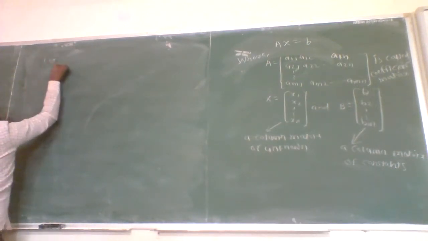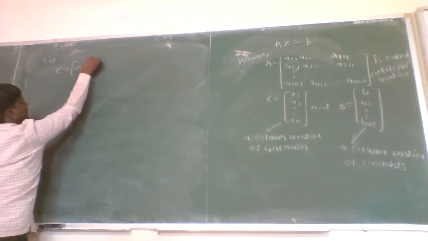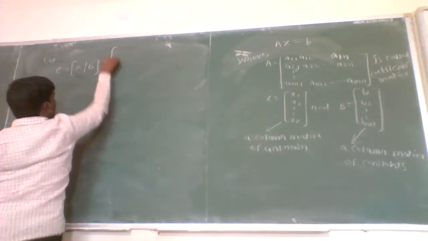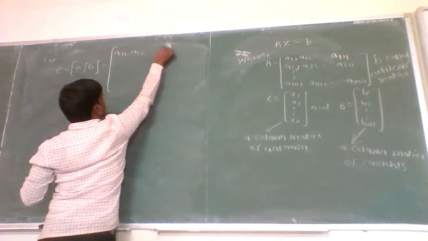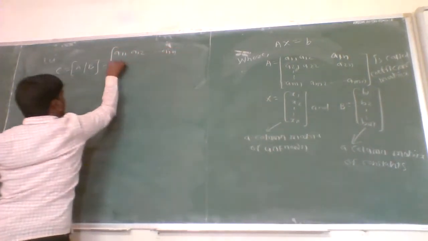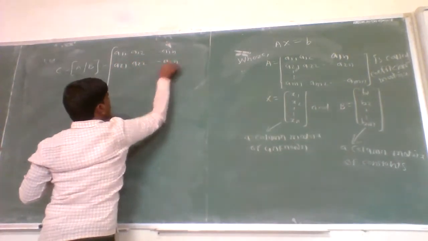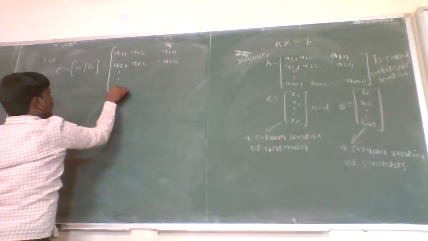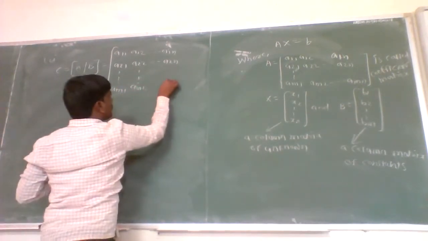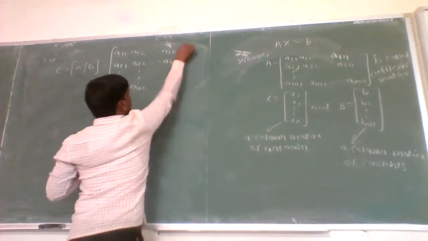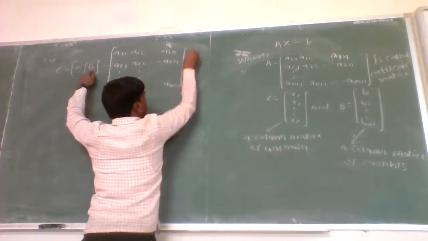Let C be a matrix which is nothing but A, then B, which is nothing but A11, A12, up to so on, A1n, A21, A22, up to so on, A2n, Am1, Am2, and so on, Amn, into matrix B. B is nothing but B1, B2, up to so on, Bn.